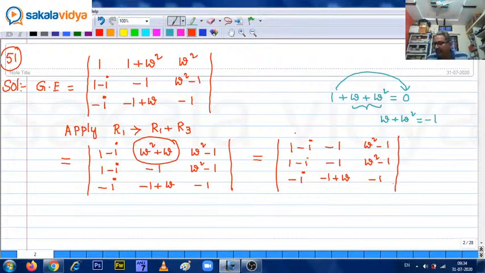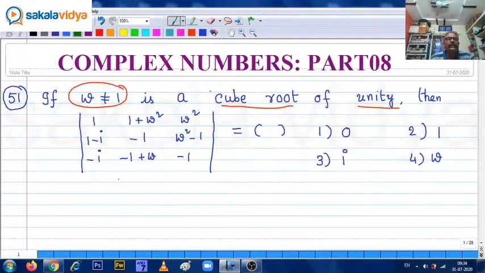Now what do you observe? We observe that here R1 is identical with R2. Since R1 is identical with R2, the determinant of this matrix becomes 0. So the answer is 0. Let us move to the options: the first option is the right option.